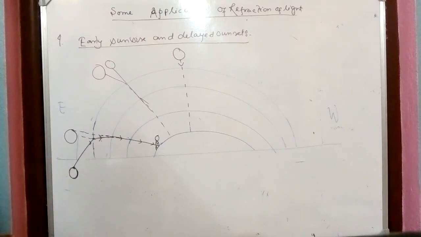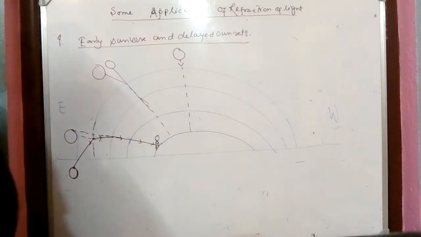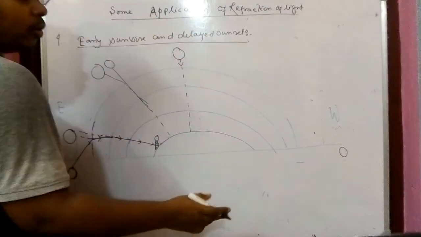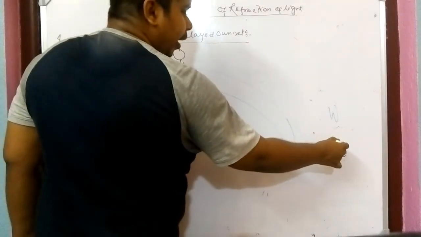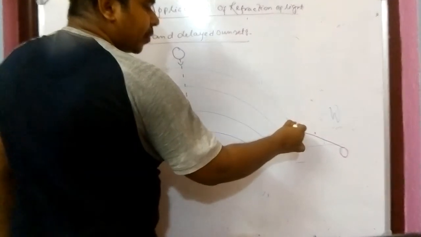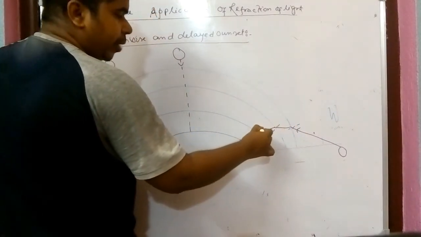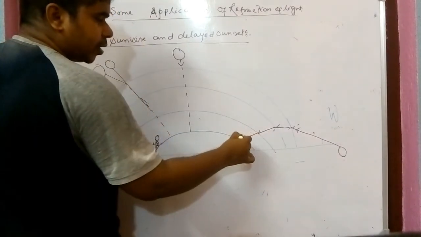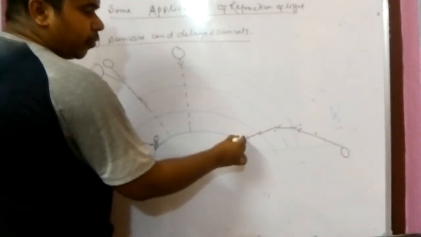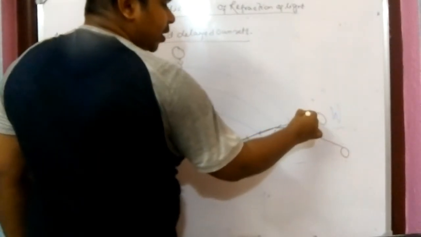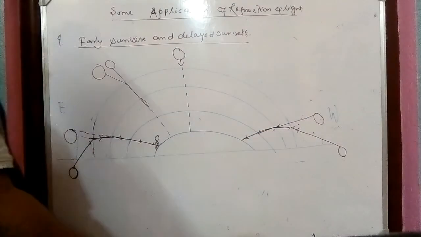Similarly, when we come to the west, when the sun sets, it goes below the horizon level. But if the light ray comes like this, it will bend, again bend, and come to the surface by this path. If I follow this path, that will be the position of the sun.